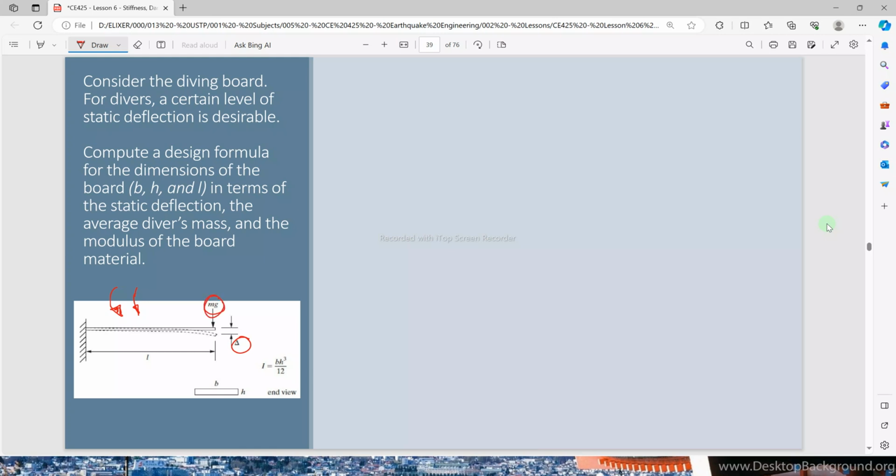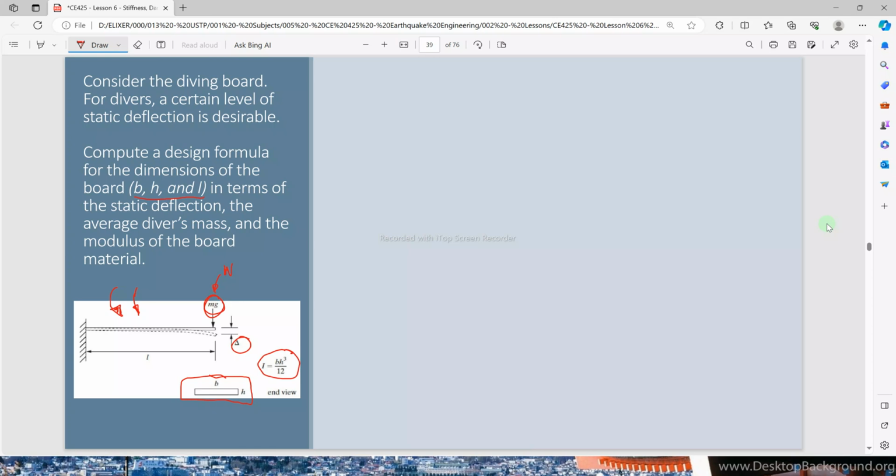So what is this mg? This is the weight of the diver. Compute a design formula for the dimensions base, height, and length in terms of the static deflection, the average diver's mass, and the modulus of the board's material. So this is the section of the board, base times height, and its moment of inertia is equal to bh cube over 12 because this is a rectangle.